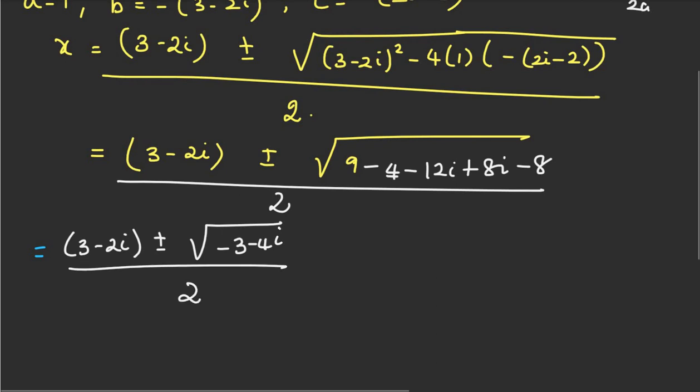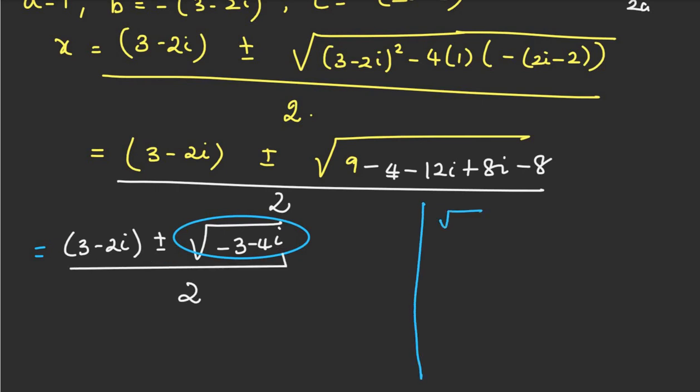Now this is a complex number, and for finding the square root of a complex number there is a shortcut, for example root of a plus ib. I want to find the root of this number. This can be written as plus or minus. The formula is root of (modulus of z plus a) divided by 2 plus iota b by modulus of b into root of (modulus of z minus a) divided by 2.